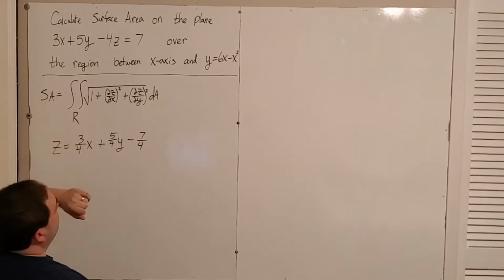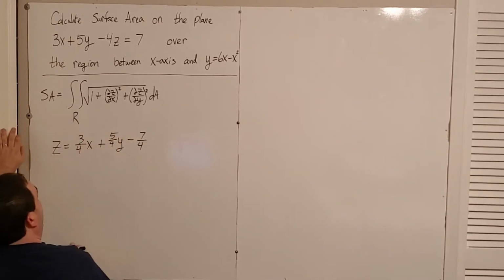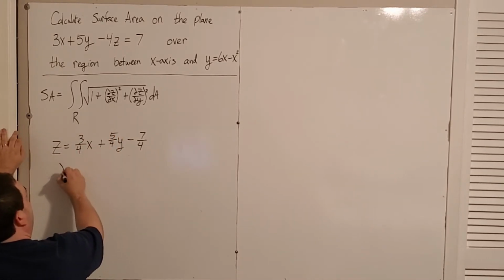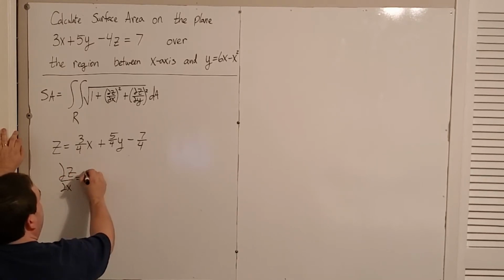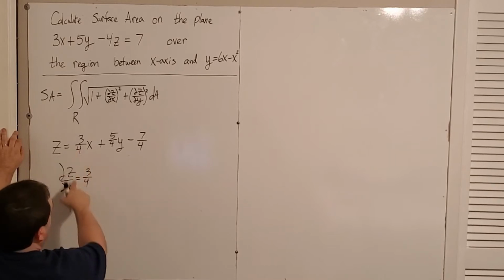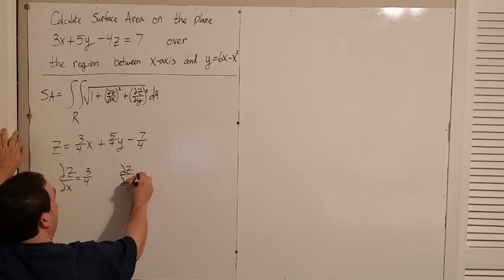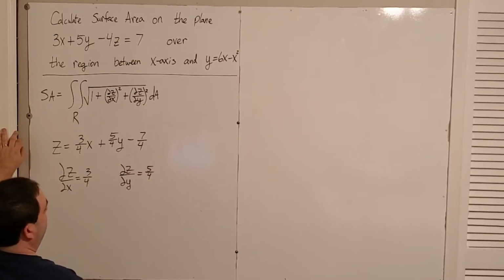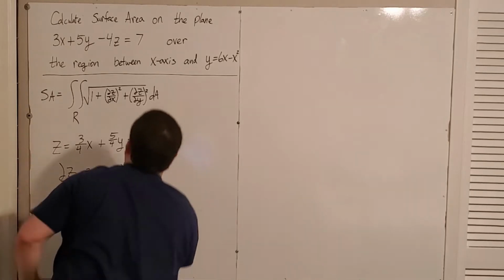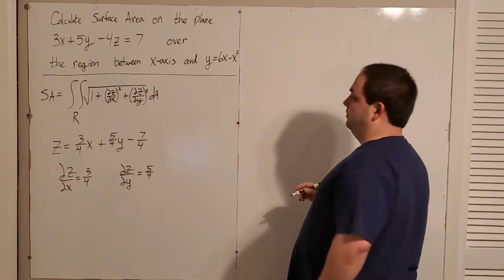Just a quick linear solve there. And then I'm going to do the partials here. The partial derivative of z with respect to x is going to be just 3/4 here. And the partial derivative of z with respect to y is going to be 5/4. Okay, so I've got those two pieces. Let's actually set up the integral now.